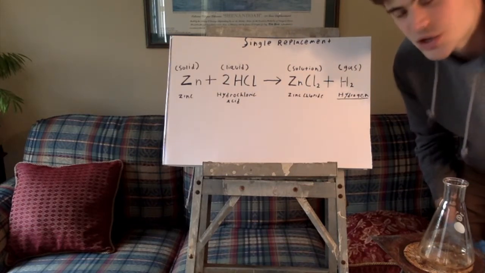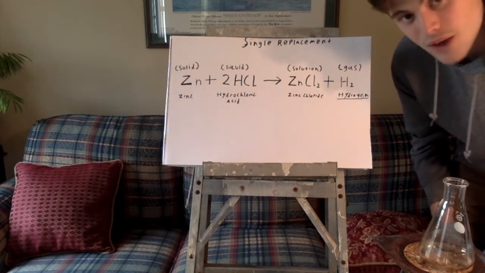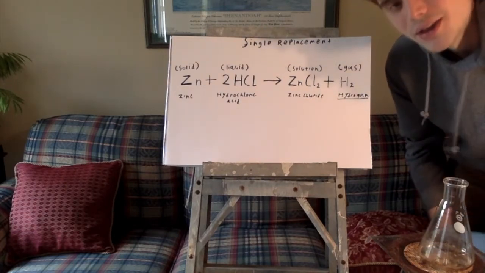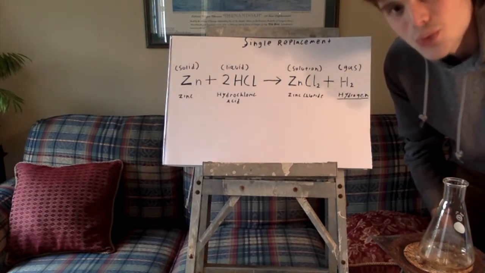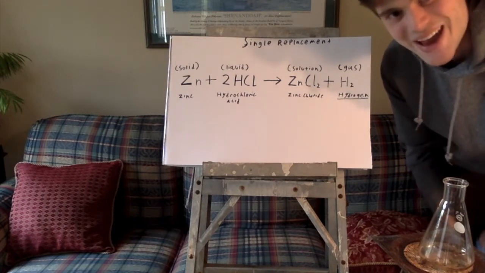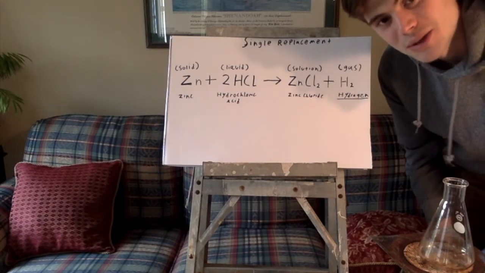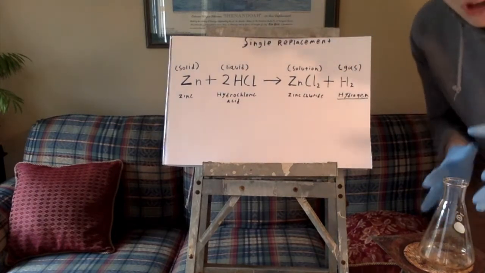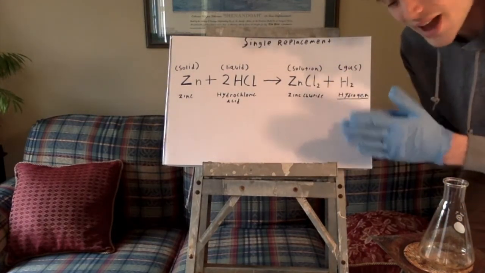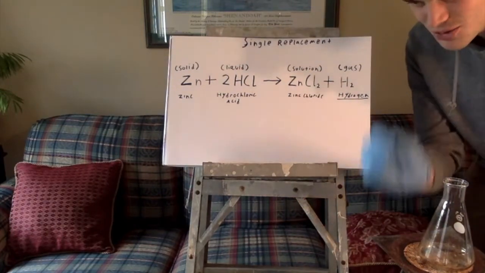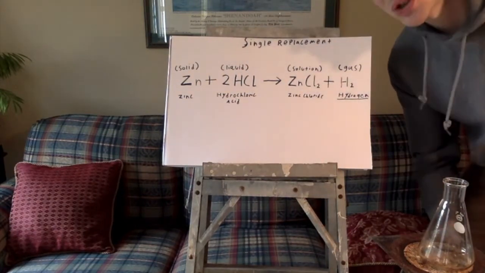The way that we're going to show ourselves that we isolated this hydrogen is we're going to cause it to react. We're going to make it explode, basically, by using a match. So now that you understand exactly how this experiment is going to work, I'm sure you're excited to see it in action.